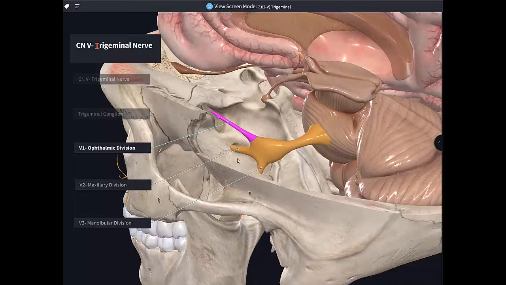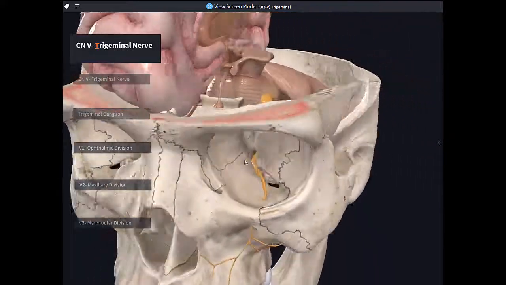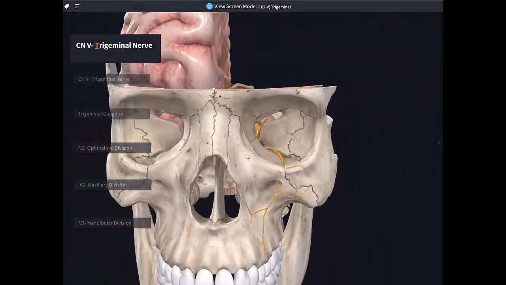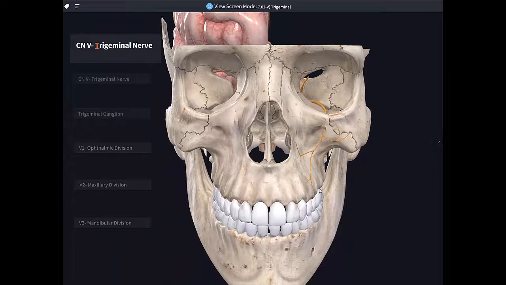So if we focus on the sensory distribution, the ophthalmic division and the maxillary division and the mandibular division are going to innervate very specific regions of the face. Let's see if we can find a picture with the dermatomes.